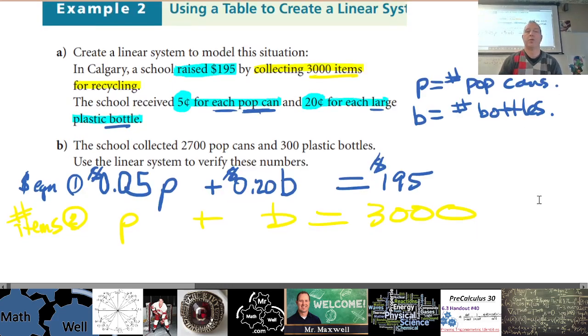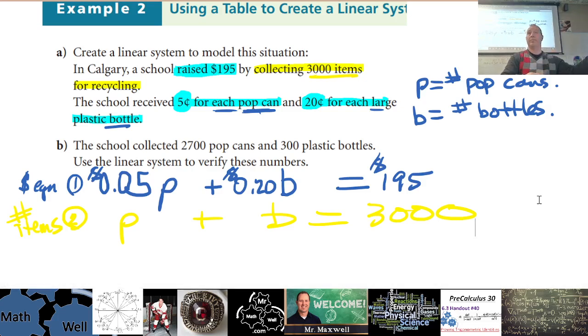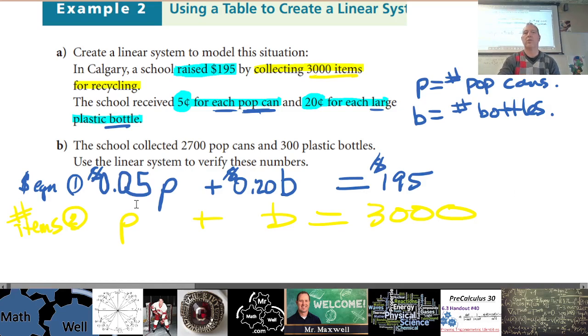Easy. So we have number of items plus number of items equals number of items. You okay with that? Good? Okay, so we got a money equation, we got a number of items equation. A lot of times it's something values and just number of items. There's usually one equation that's pretty easy just like this. Almost always. And another one has to do with some other kind of quantity.